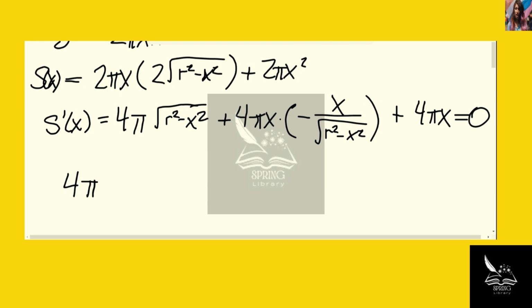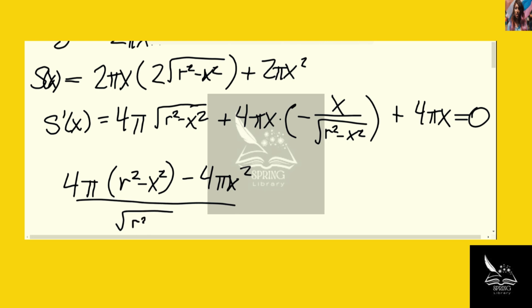So this is 4 pi times r squared minus x squared, minus 4 pi times x squared, all over the square root of r squared minus x squared, plus 4 pi x equals 0.